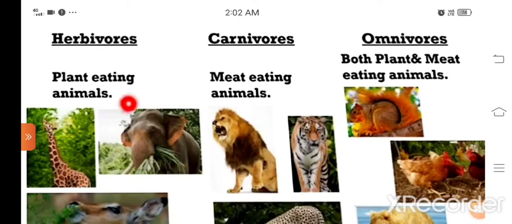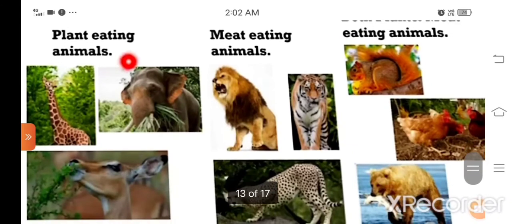The plant eating animals do not eat flesh. So there are so many animals that eat only leaves and twigs of the plant. Some pictures are there like giraffe, deer, and so on. These animals are called the herbivores.